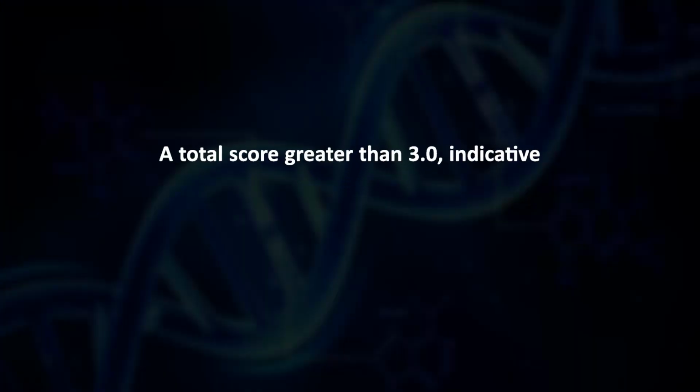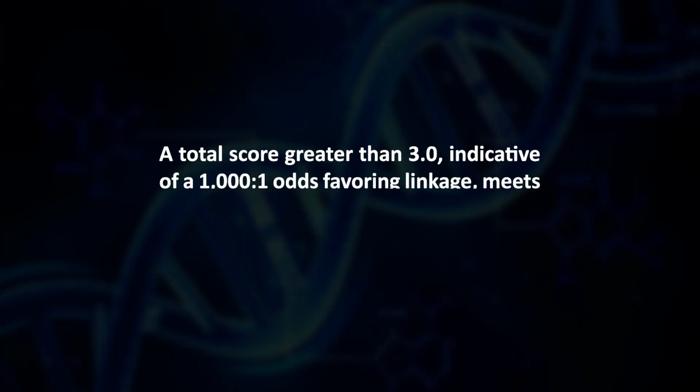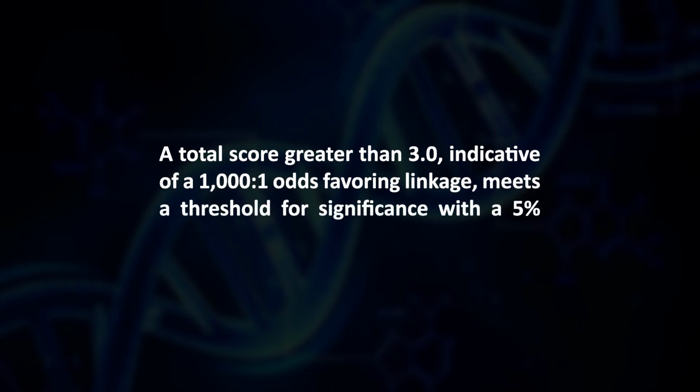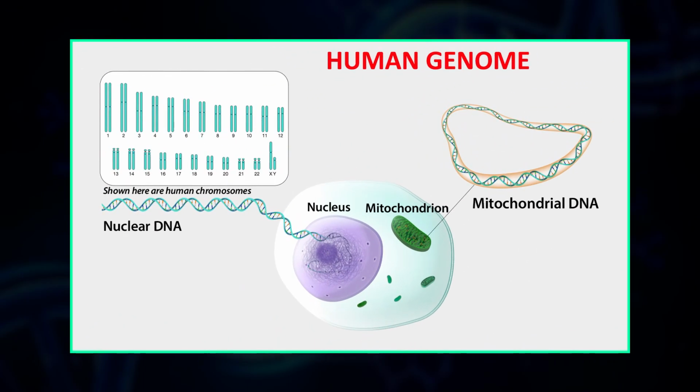A total score greater than 3, indicative of 1000:1 odds favoring linkage, meets a threshold for significance with a 5% chance of error. With the availability of polymorphic markers that span the whole genome, it is possible to scan all chromosomes for a site of probable linkage.